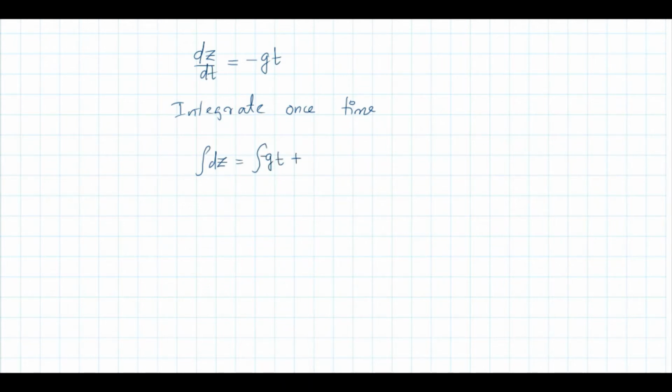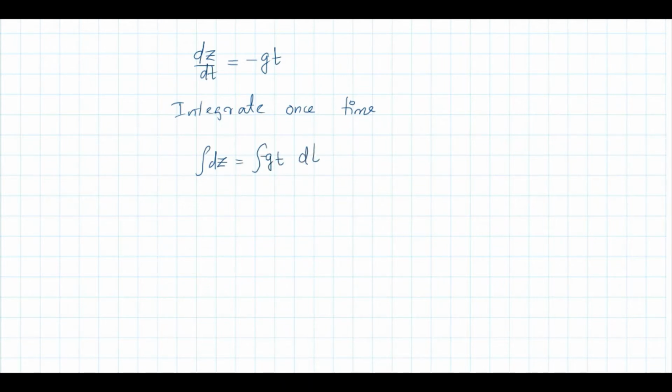If you integrate this once more, you already have dz by dt is equal to minus gt. Integrate once more with respect to t. Then you will get integral dz is equal to integral of minus gt dt.